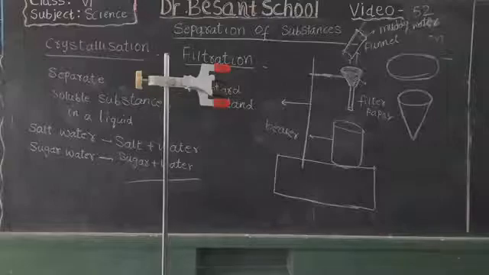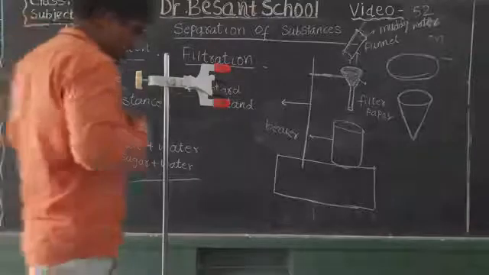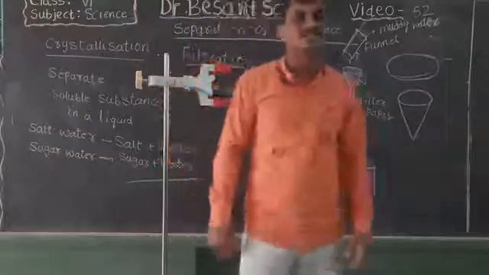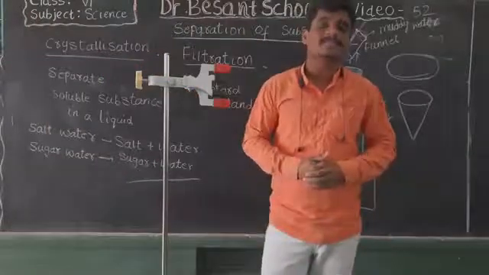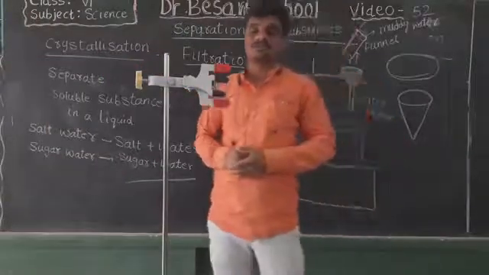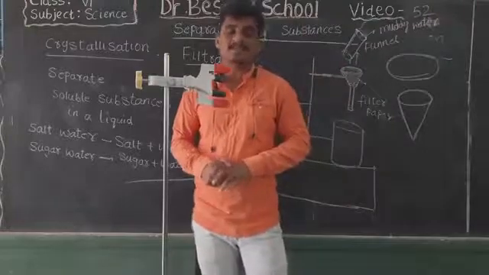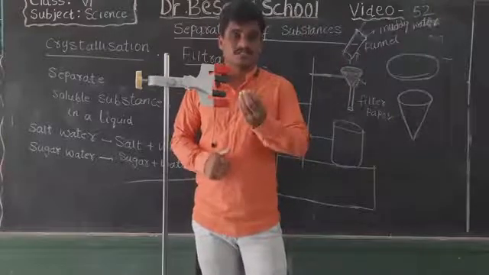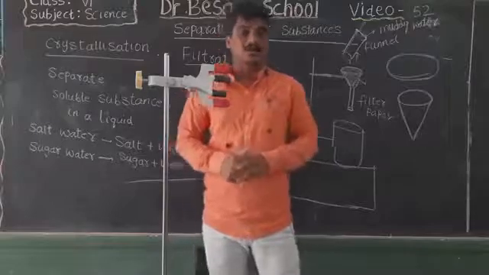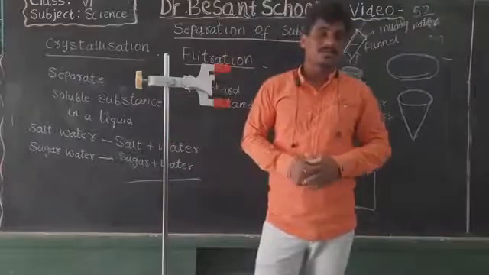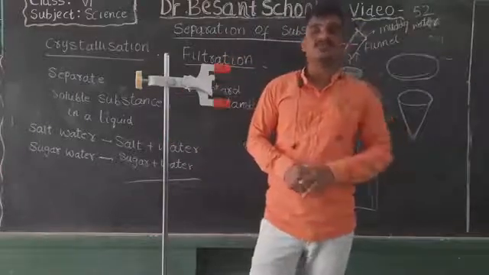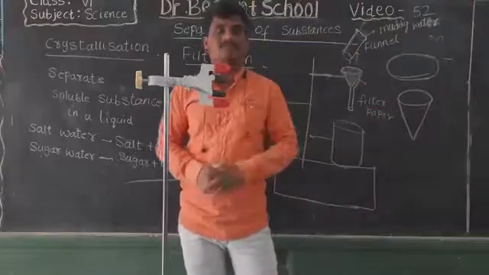Crystallization is the process in which a solution is heated. The mixture containing solvent plus solute is heated, and what happens? The solvent gets heated up and turns into vapor, whereas the solute remains at the bottom.